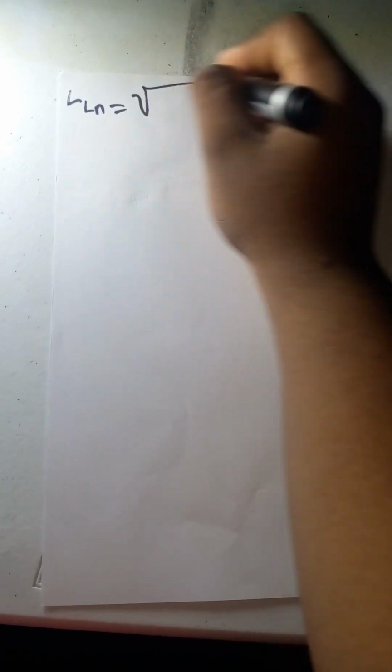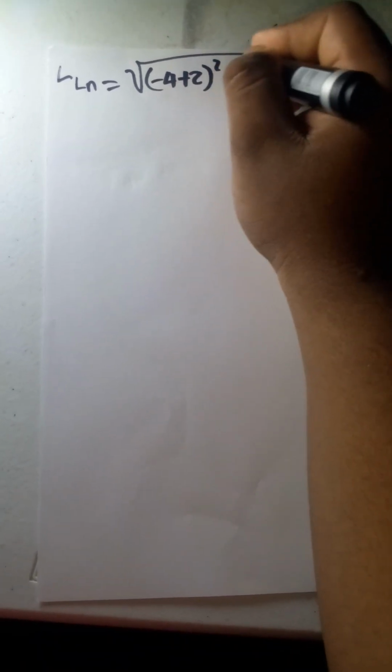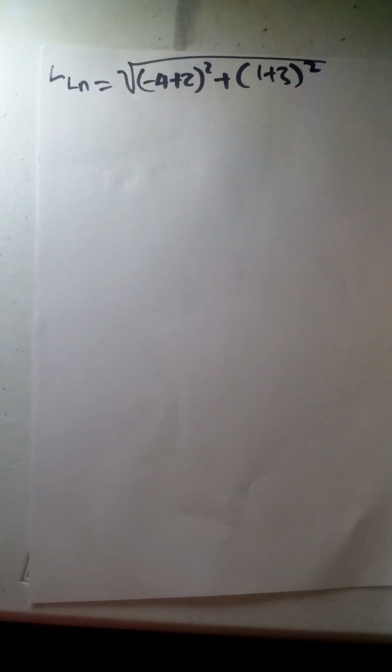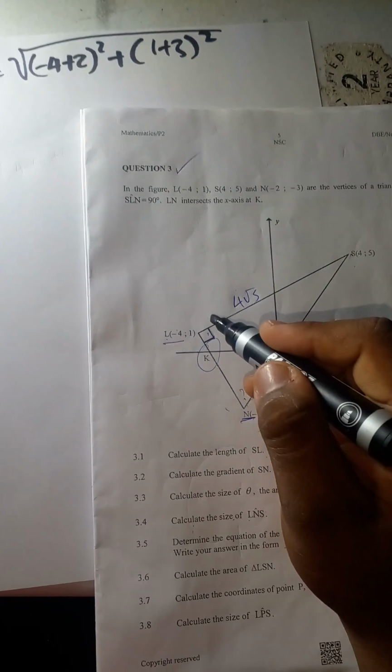So now let's go and calculate what? The length of LN. So the length of LN is equal to, I'm going to substitute now. LN, it is minus 4 plus 2 squared plus 1 plus 3 squared. Okay, so now my x values are minus 4, minus 2, 1, and minus 3. Let me check.